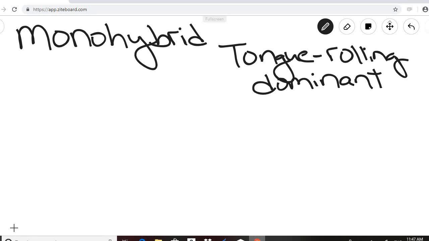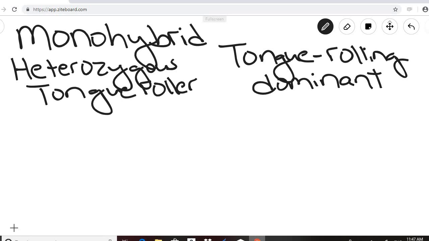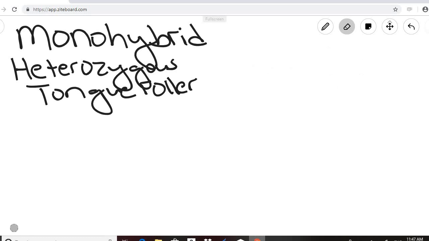Let's say that we have a heterozygous tongue roller, and that heterozygous tongue roller is married to a heterozygous tongue roller.